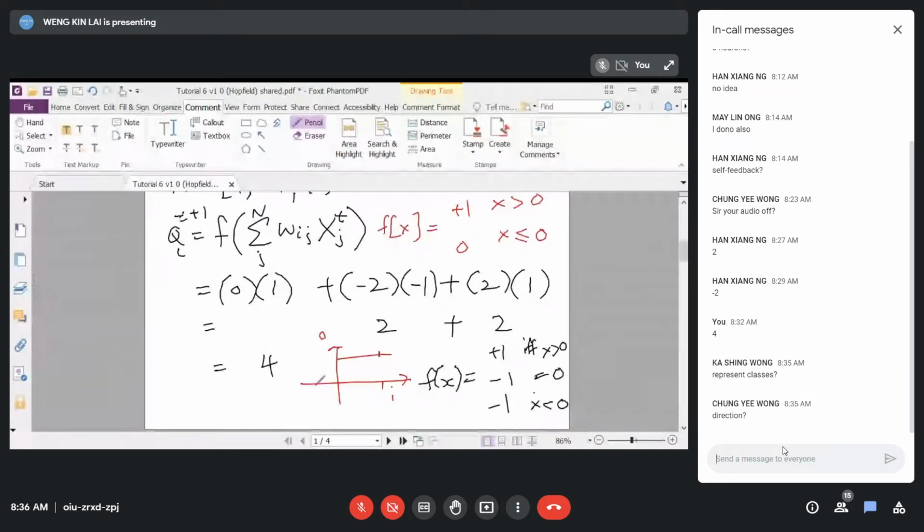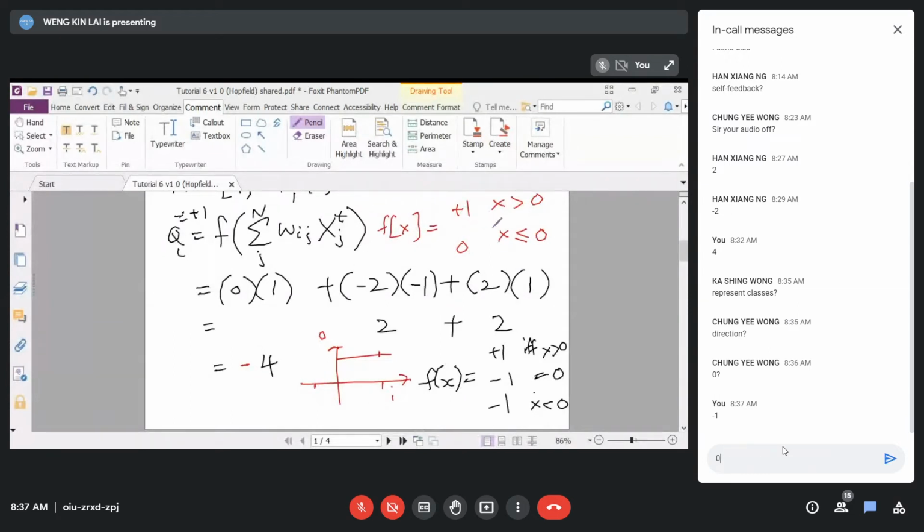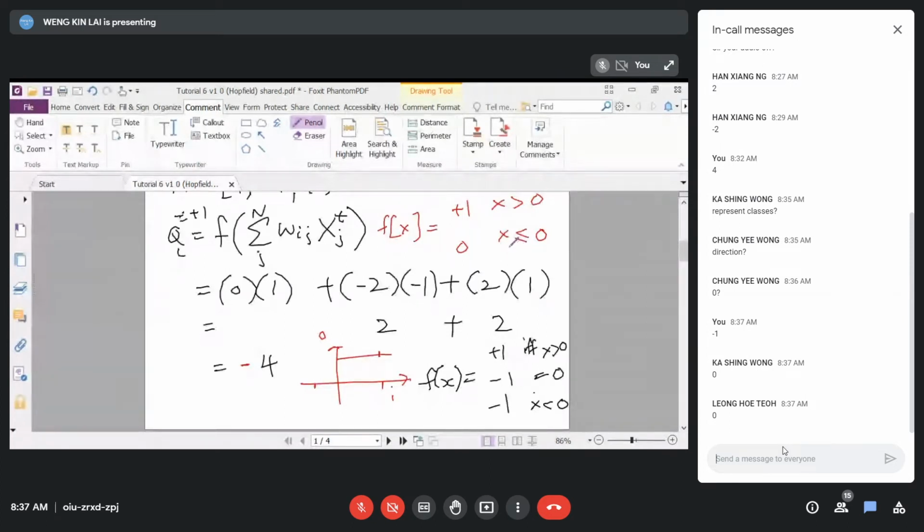Let's say this is -4. What's the output here? Zhongyi, what do you think? What's the output over here if it's -4 in this example, if I use this particular sine function? Kasing, what do you think? Anyone else? To help out so that I can move on.